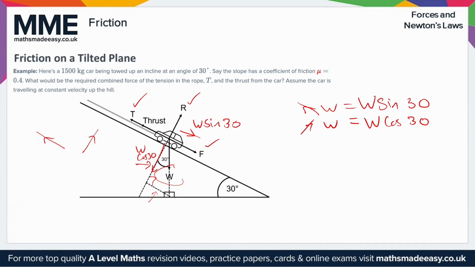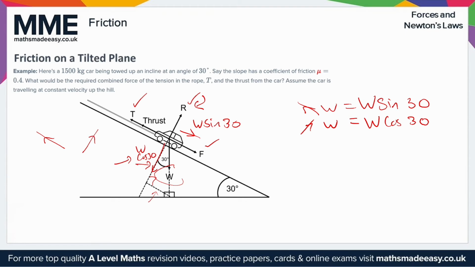Okay, so if we consider perpendicular, there's only two forces. There's this component of the weight and the normal reaction. Because the car is not coming off the plane or through the plane, we must know then that the normal reaction is equivalent to the component of the weight.